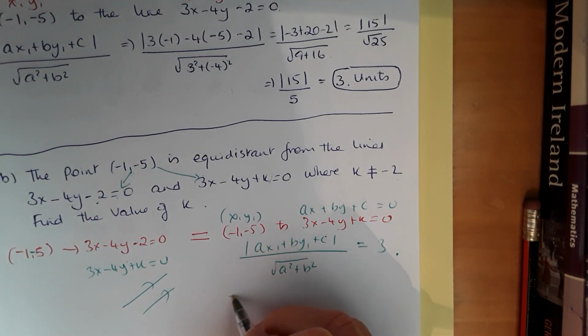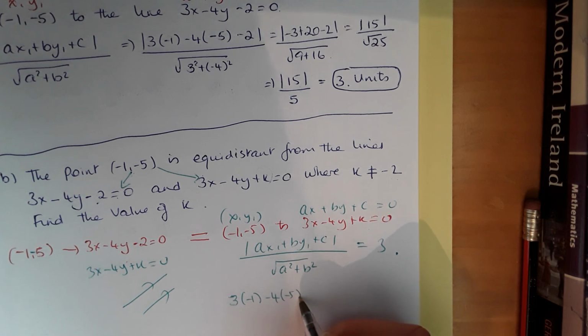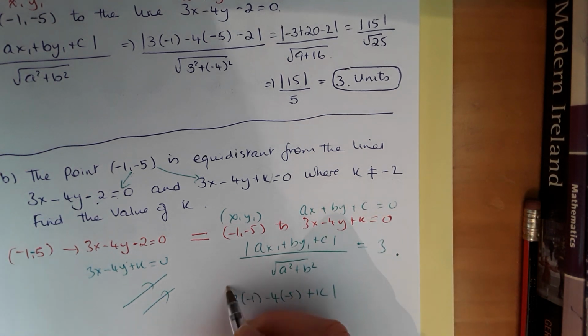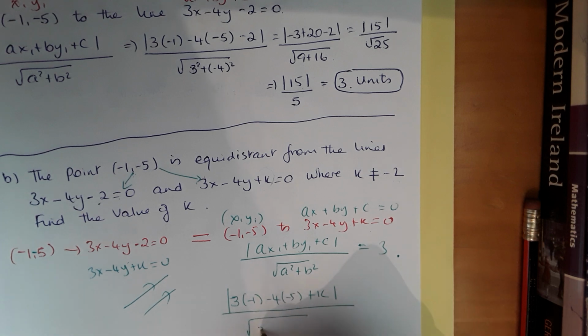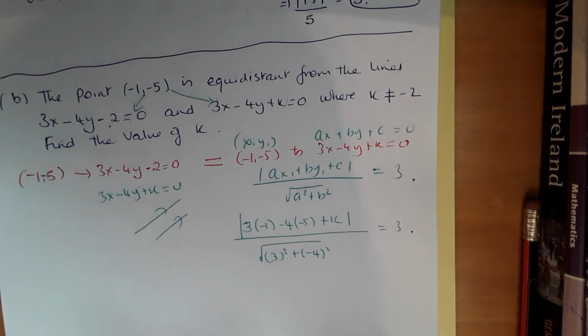So what would I have? The modulus of 3 times -1 minus 4 times -5 plus k, over the square root of 3 squared plus -4 squared, is equal to 3. So now what have I got?